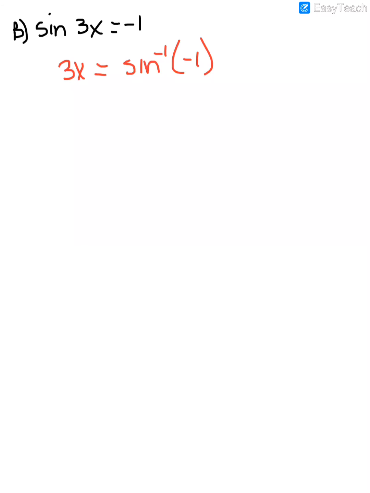Well, sine is -1 in one place on the unit circle between 0 and 2 pi. Sine is -1 at 3 pi over 2. Well, I forgot to mention something in the problem before this. Even though our directions say that it's between 0 and 2 pi, because this would be a triple angle, we have to increase our interval.